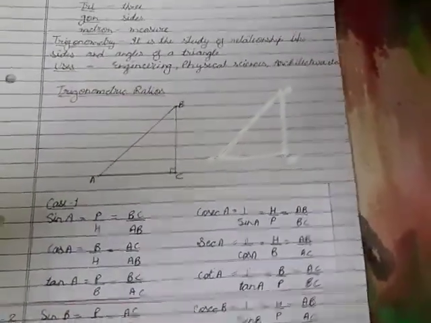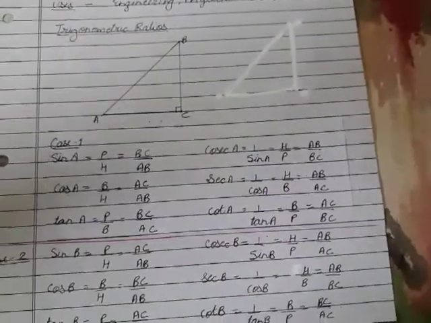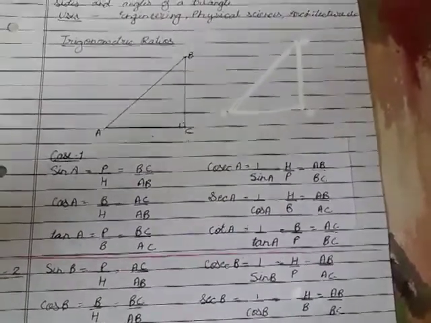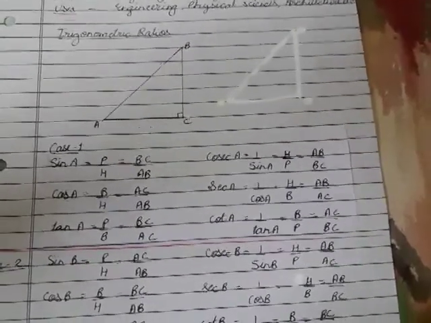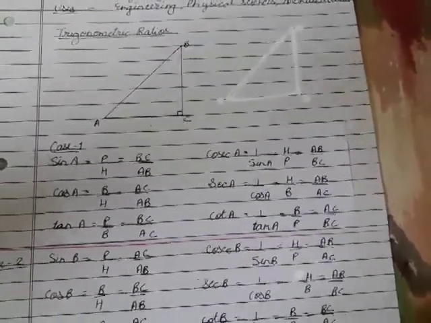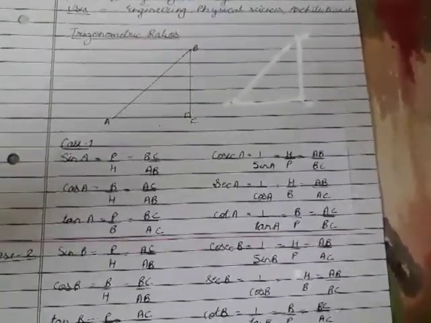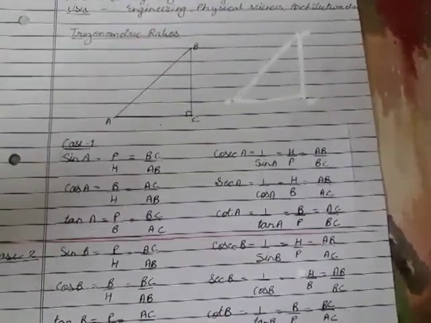Now let us start with the first topic. The first topic of trigonometry is trigonometric ratios. Children, there are 6 major trigonometric ratios, but you have to take care of some points that I'll explain while doing these questions.